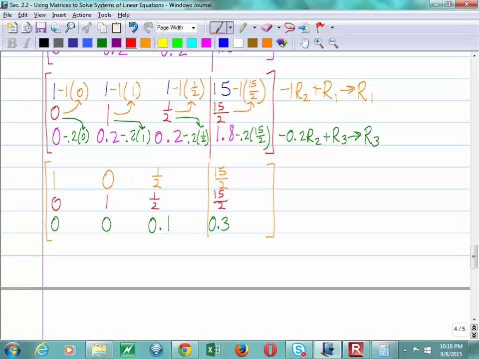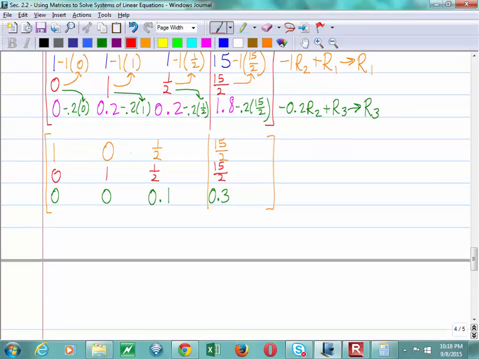Okay, so now I need to go to the third column, and I'm starting with where the 1 is supposed to be. So I'm supposed to have a 1 right here instead of 0.1. Okay, so what do I need to multiply with 0.1 to get 1? Well, the answer to that would be 10. So I need to multiply 10 times row 3 to get the new row 3.